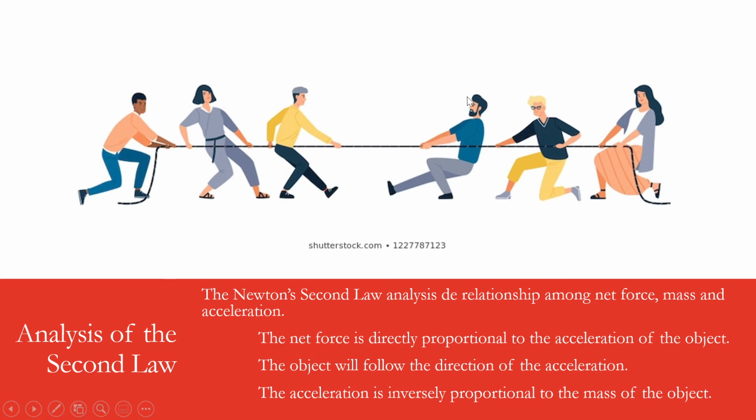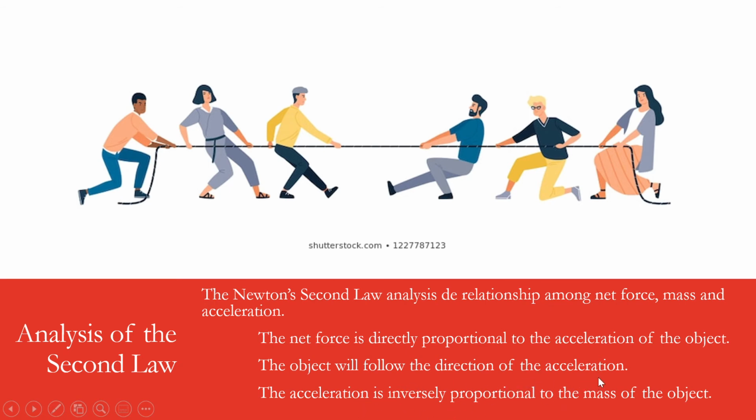Depending on how many people there are and the amount of force they are putting on the rope. But what happens if what they are trying to move is not a piece of rope, but a car? So, of course, we are not going to produce the same acceleration in the rope because, one more time, acceleration is inversely proportional to the mass.